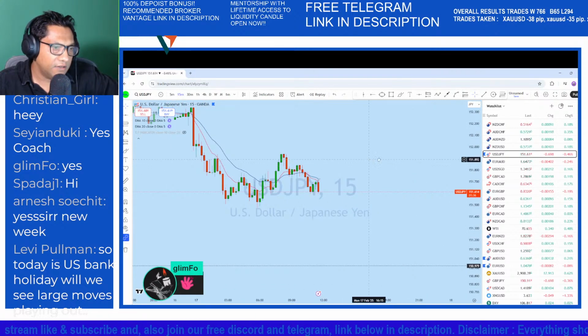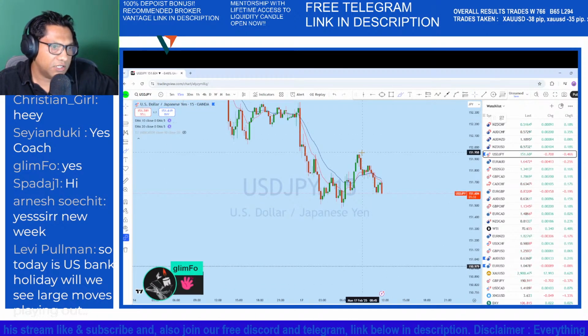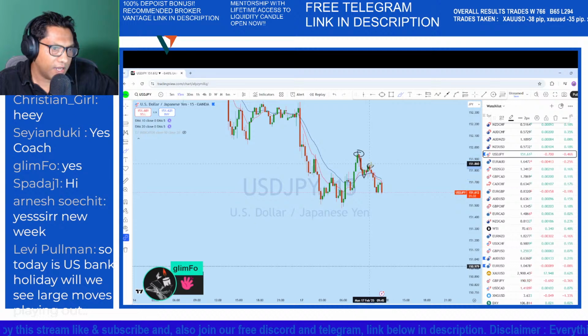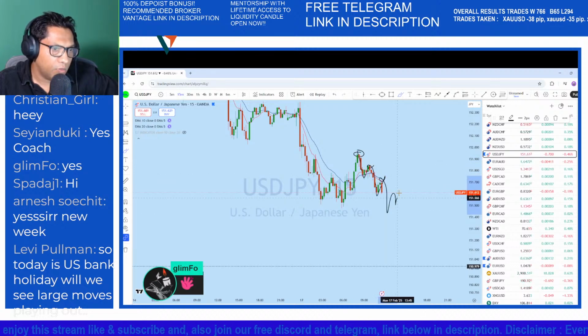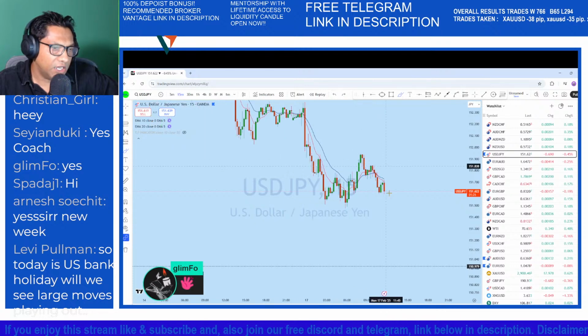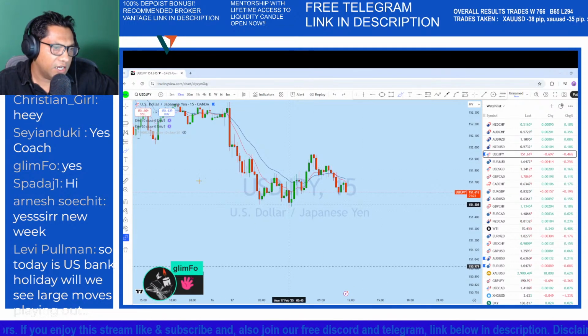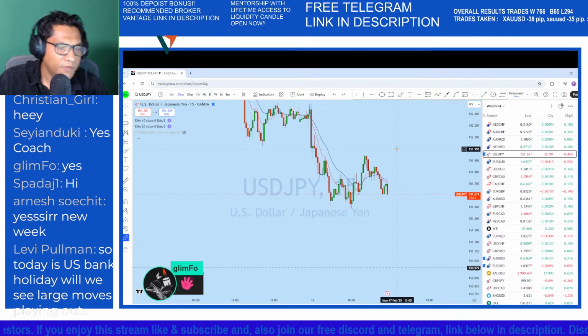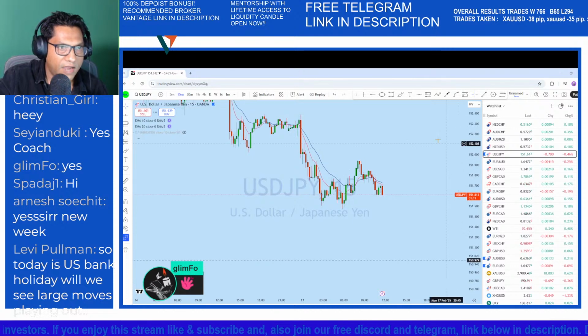So here you can see a big drop, pull back, another drop, pull back, another drop, pull back. The market is forming a series of lower highs and lower lows, which is basically a downtrending market structure on dollar yen.